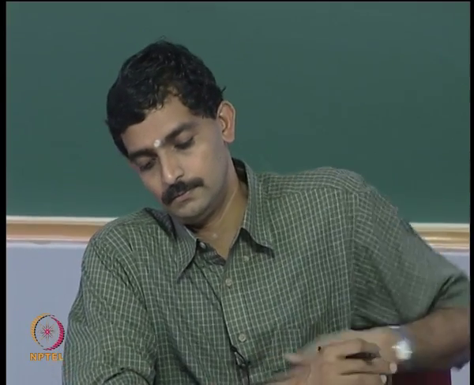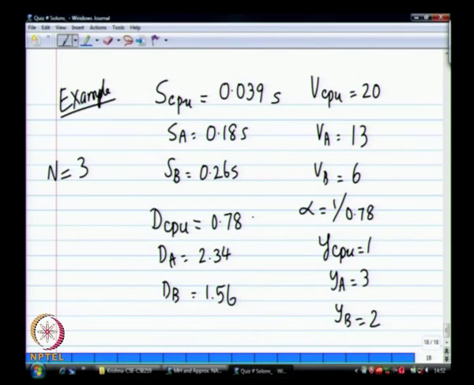So with the mean value analysis, with this information, n has to be given, right? n is 3, and your number of devices is also 3, right? In this case we have taken Z to be 0, so there is a slight modification for delay centers.